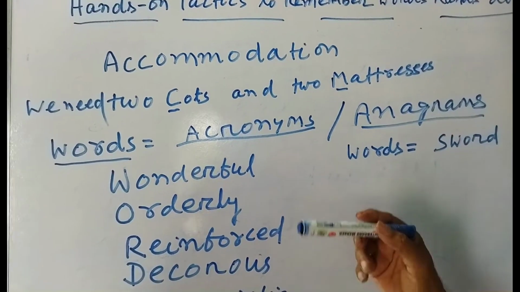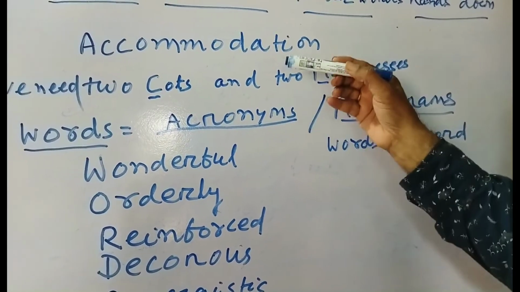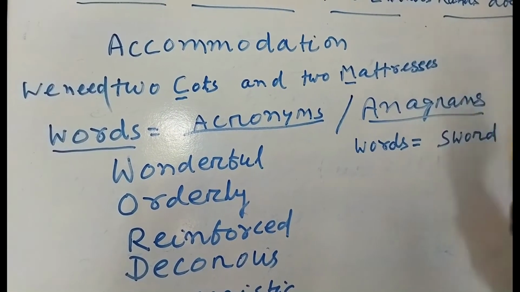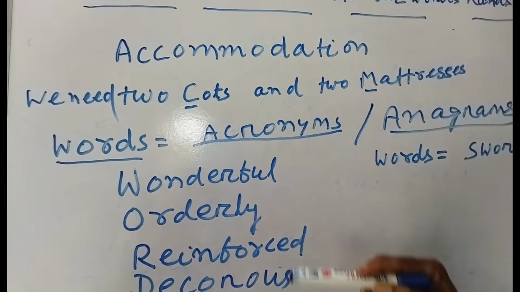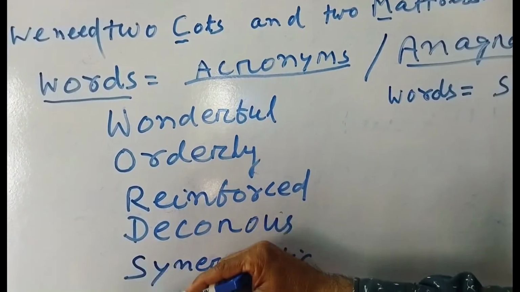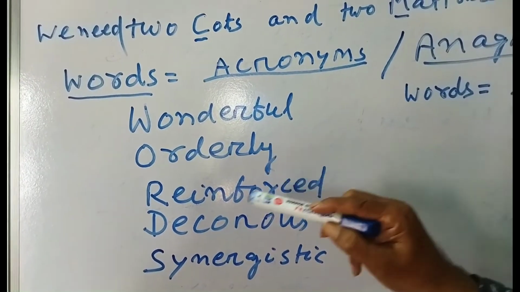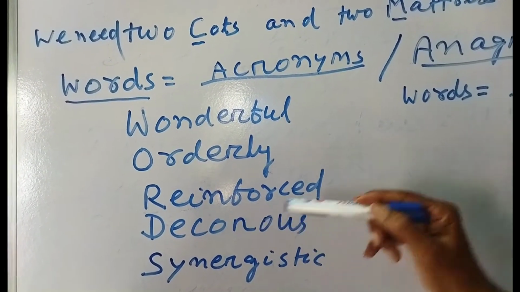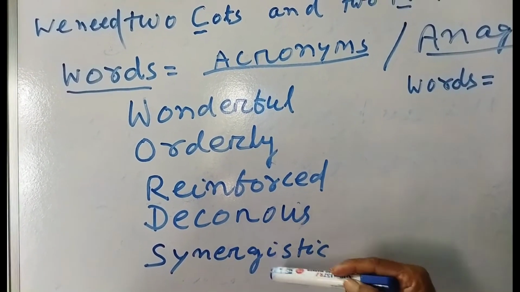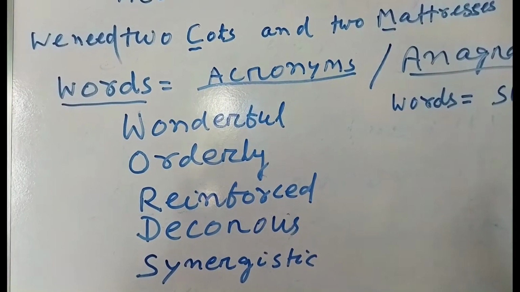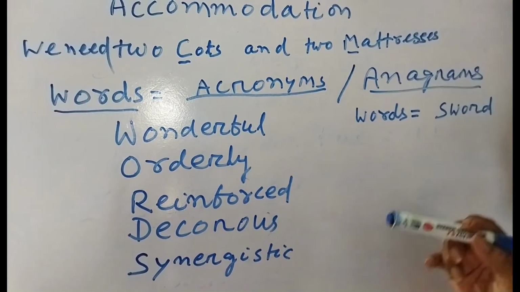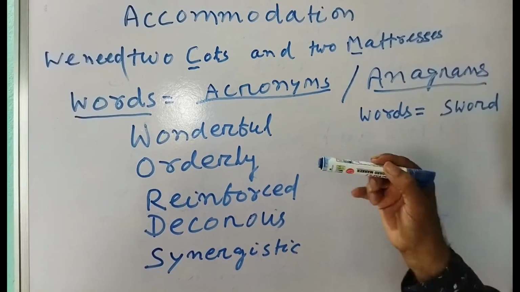Another thing you have to remember is that you have to practice acronyms. For every word, suppose WORD, W-O-R-D. W stands for wonderful, O for orderly, R for reinforced, strengthened, decorous, synergistic words. Suppose any word, suppose flower, you make an acronym.